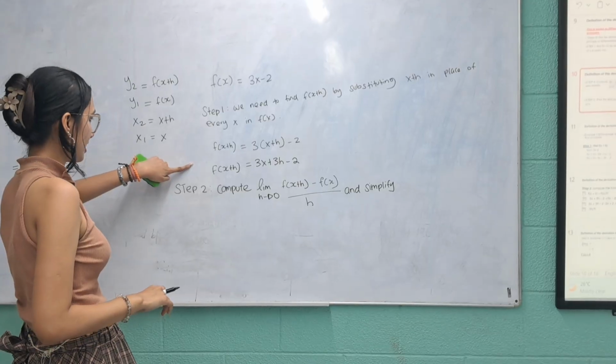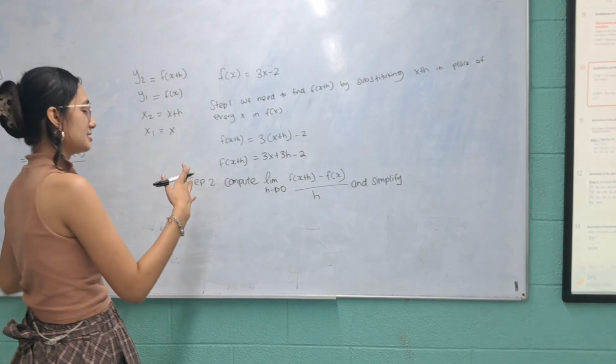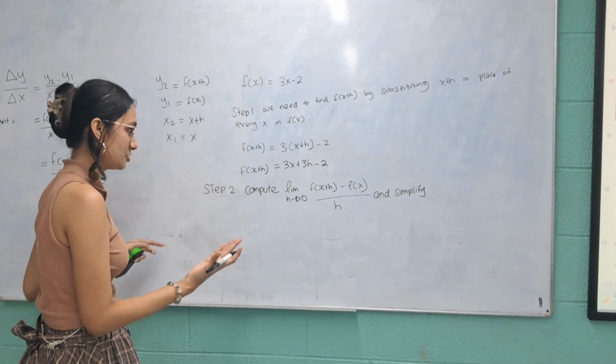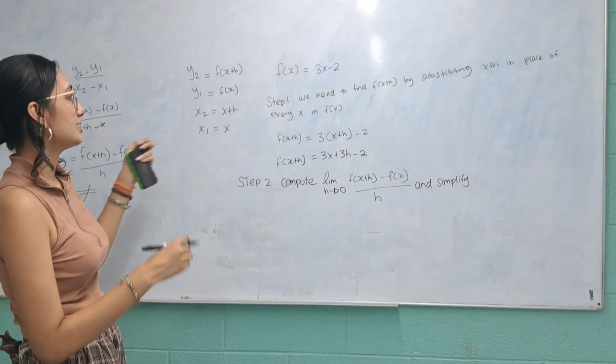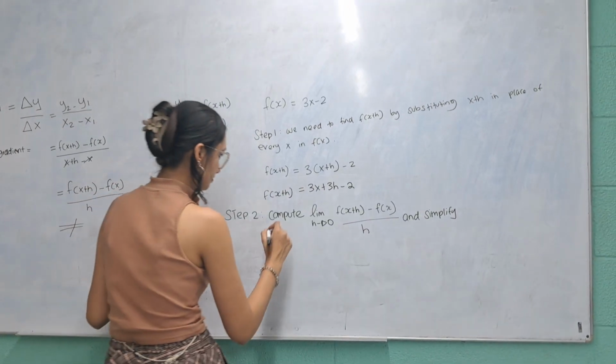So f of x plus h is 3x plus 3h minus 2 and our f of x is 3x minus 2.